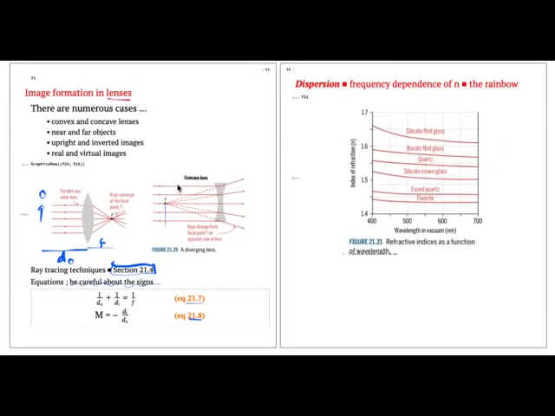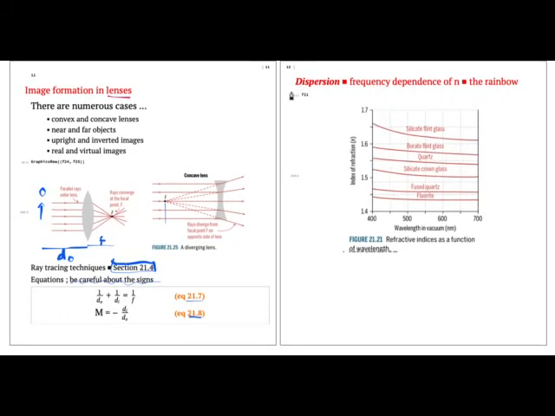Now, before I end this screencast, I want to mention one more optical phenomenon, called dispersion.